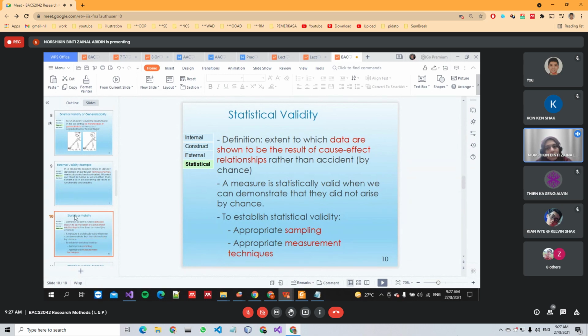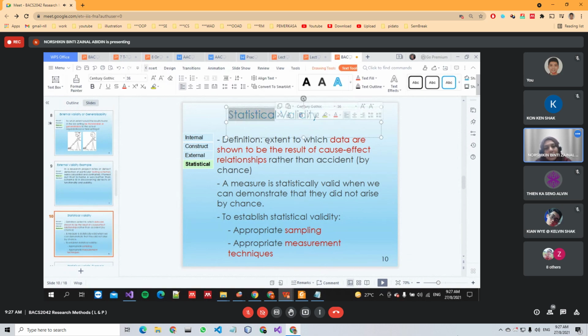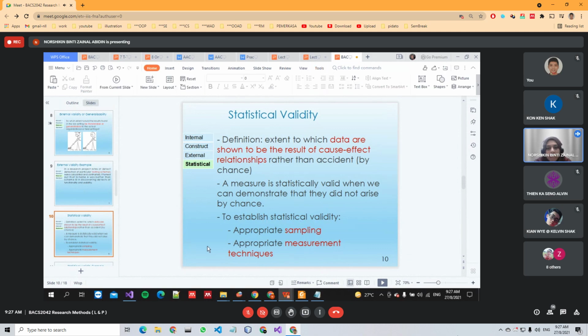This is obvious from the term here, from our statistical data: to which extent the conclusions can be drawn from the statistical result. So here the definition is the extent to which data are shown to be the result of a cause-effect relationship rather than accident. A measure is statistically valid when it can demonstrate that it did not arise by any chance.